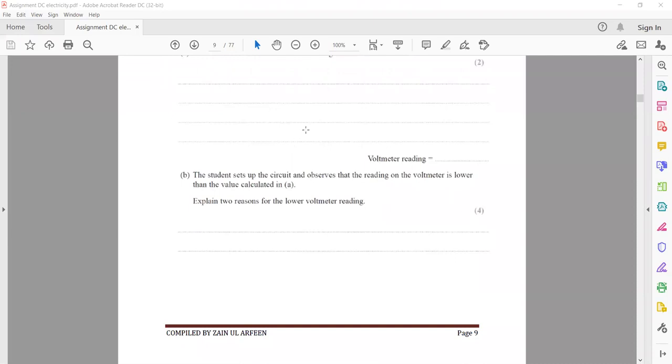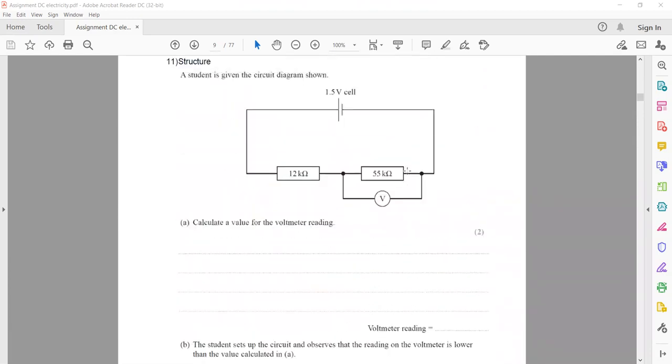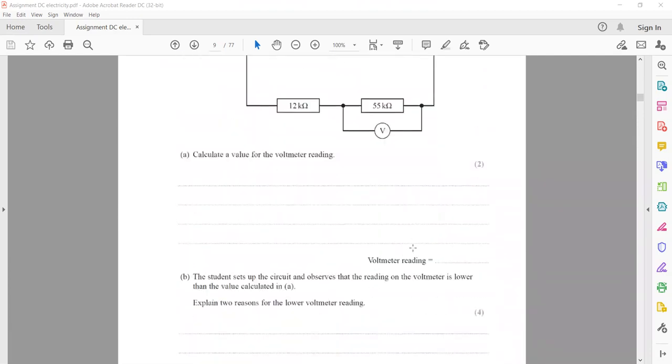The student set up the circuit and observed that the reading on the voltmeter is lower than the value calculated in A. So in practical, he's not getting the same answer, 1.23, but in practical the reading of the voltmeter is less than what he calculated. So what could be the reason for that?